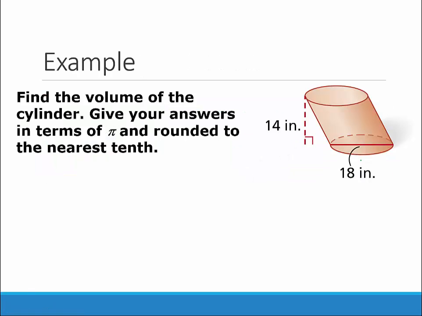So we know the height's 14, and then the diameter is 18. Because volume is base times height, and our base is a circle, I don't need the diameter, I just need the radius. So we got 9 there. Pi times 9 squared times 14. So we'll end up doing 81 times 14.